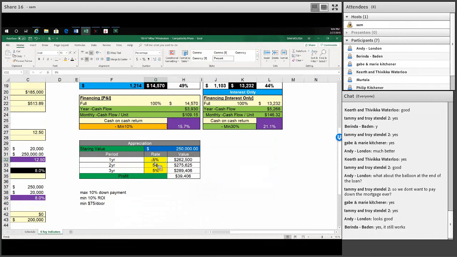Now, if we come down here, this is an appreciation table, okay? So, first year, second year, third year.